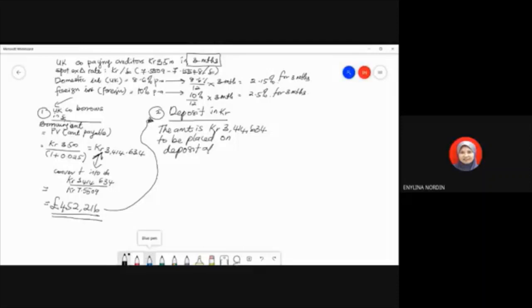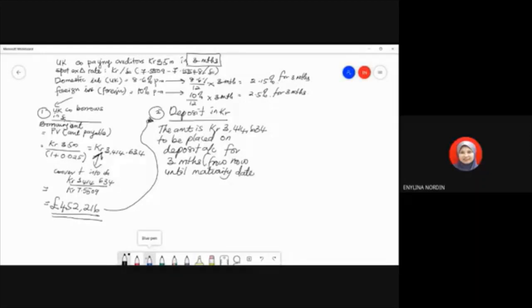On the deposit account, for how long? For 3 months. That means from today until the maturity date. So when is the maturity date? In 3 months' time.